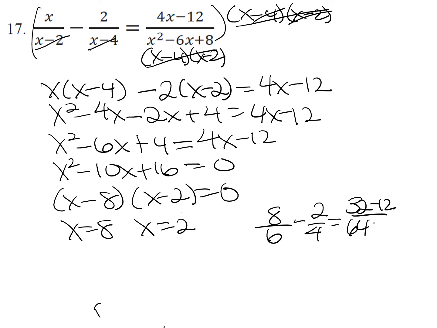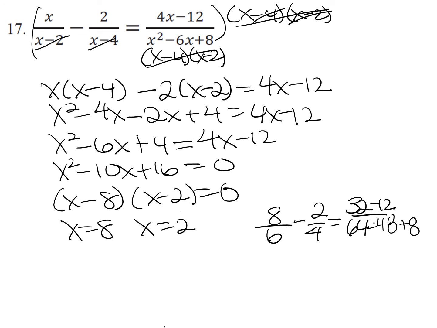Okay, so let's see here. Let's see, so I was doing 6 times 8 is negative 48. And then I have the plus 8.